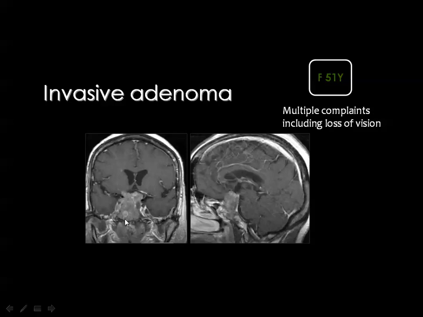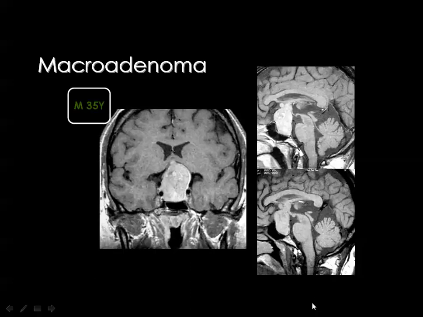And this is also an example of invasive pituitary adenoma with somewhat of an extension into the suprasellar area, but a bigger extension into the infrasellar area, obliterating the cavernous sinus. Then the adenoma which is extending into the suprasellar area with an intact sellar floor is known as the pituitary microadenoma. But whenever the adenoma is invading the sellar floor, extending into the sphenoid sinus, this is an invasive adenoma.